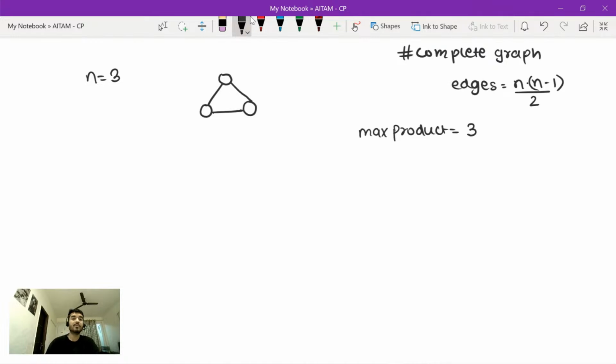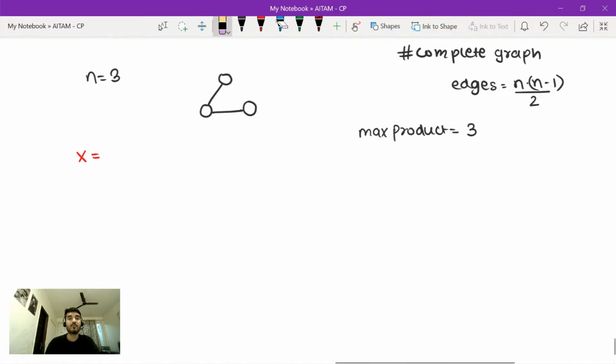First, I need to tell the minimum number of edges that I can remove to have the product of remaining components as 3, and also I need to find the maximum number of edges. So this maximum number of edges that has to be removed is equal to x, and here in this case the maximum number of edges that you can remove to get the product as 3 is 1.